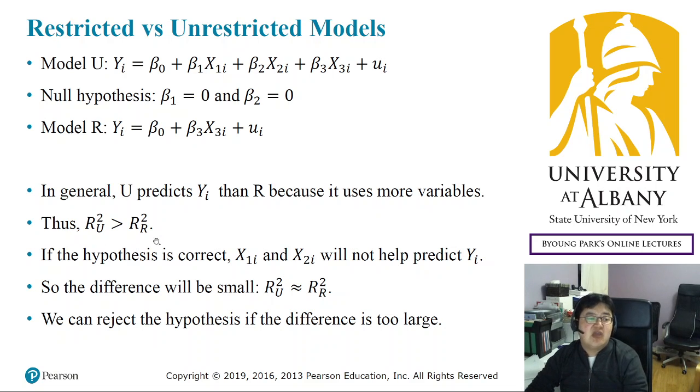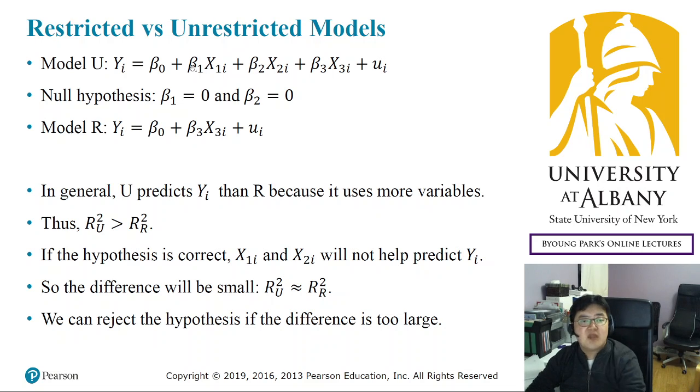And now, additionally, assume that the hypothesis was correct, and then actually the dropped variables are not helpful in predicting Y, because beta 1 will be 0, beta 2 will be 0. So these 2 variables are useless in the unrestricted model.